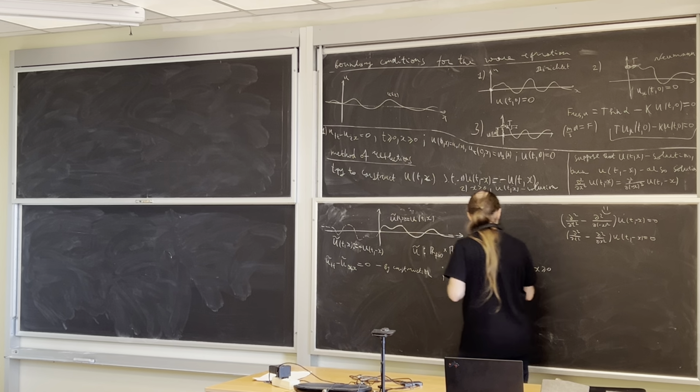So let us draw it. At some moment we will have a picture like this, when this triangle already moved to the negative half line, and this triangle moved to the positive half line.